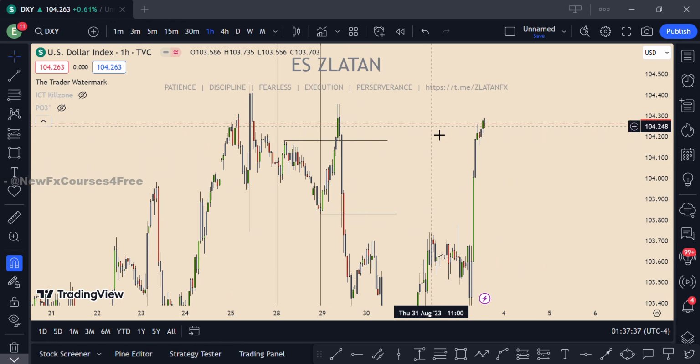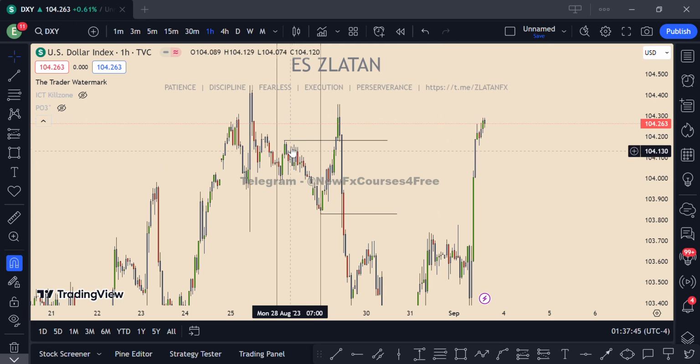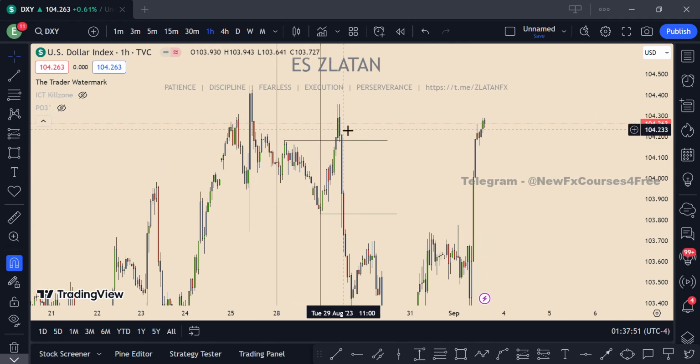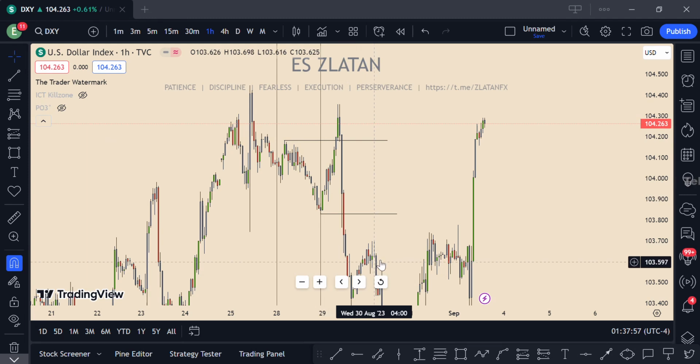Sometimes it works, sometimes it doesn't. It's your aim as a trader to keep your risk short, right? So the high of Monday, the low of Monday, and the high of Monday was taken. That's forming a high of the week, and boom, right?